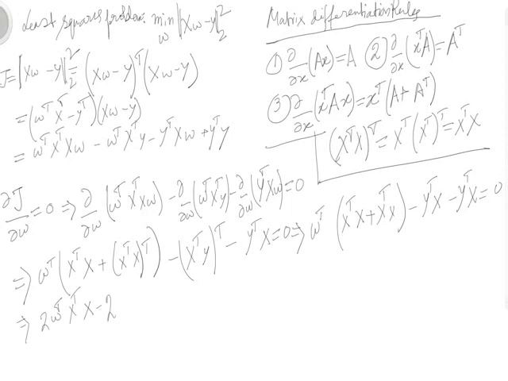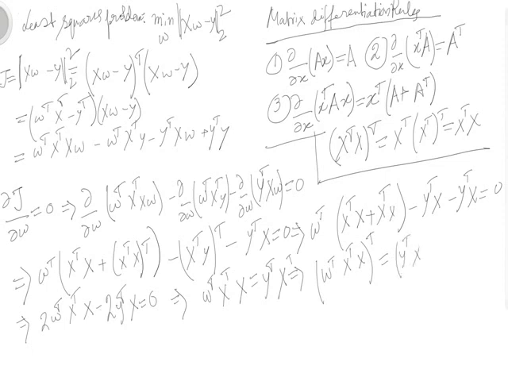Again simplifying, we get W transpose X transpose X equals Y transpose X. Now, taking the transpose of both sides of the equation, we get W transpose X transpose X whole transpose equals Y transpose X whole transpose. Using the matrix transposition rules, we get X transpose X W equals X transpose Y.